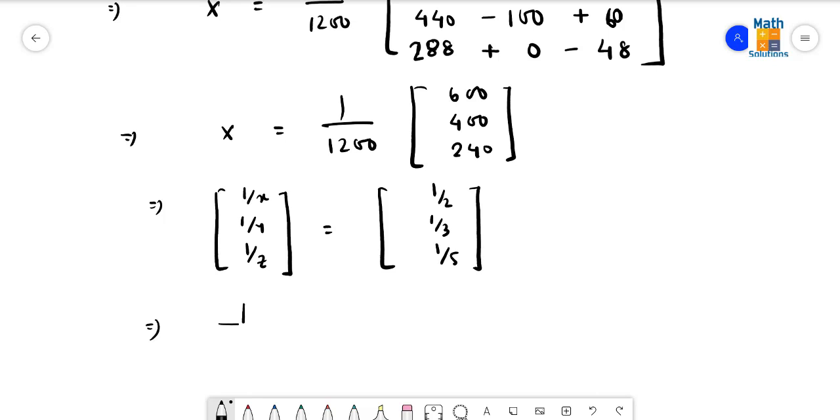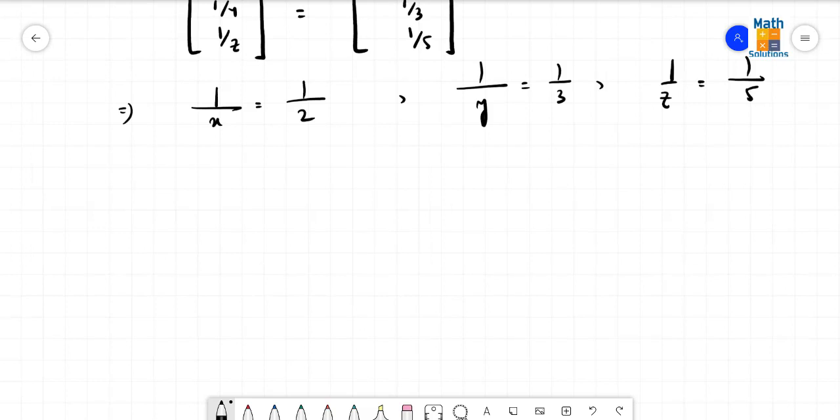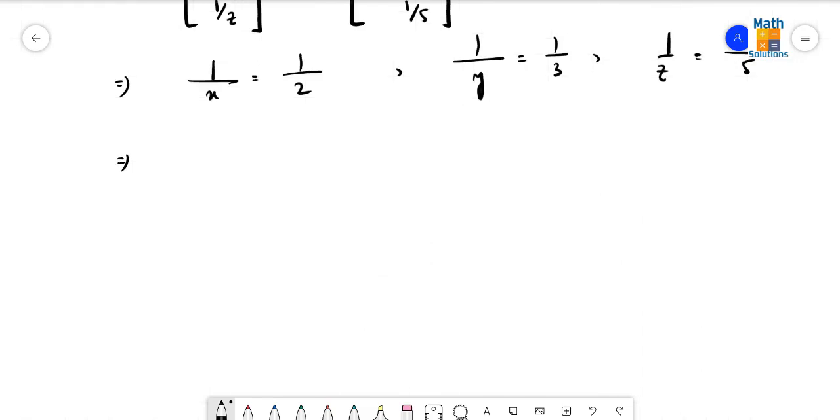After that, what would I get? 1 by x is equal to half. Then 1 by y is equal to 1 by 3. 1 by z is equal to 1 by 5. Then simplify again. We shall be getting x is equal to 2, y is equal to 3, then z is equal to 5. So this is the required answer. Thank you.